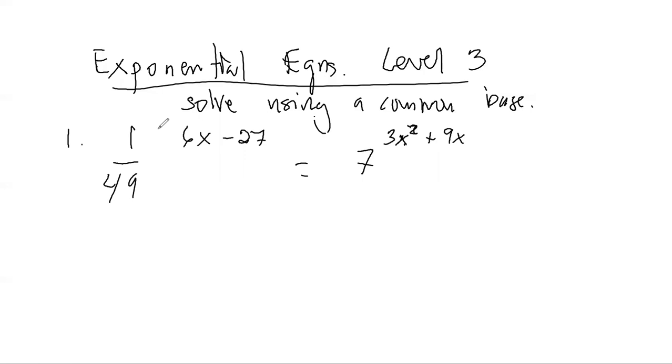I wish I could call on somebody right now. But you do remember fractional exponents. First, I'm going to write it as a power of 7. 49 is 7 squared. So at least we're getting closer to a common base now. And the right-hand side, I don't have to mess with the base.